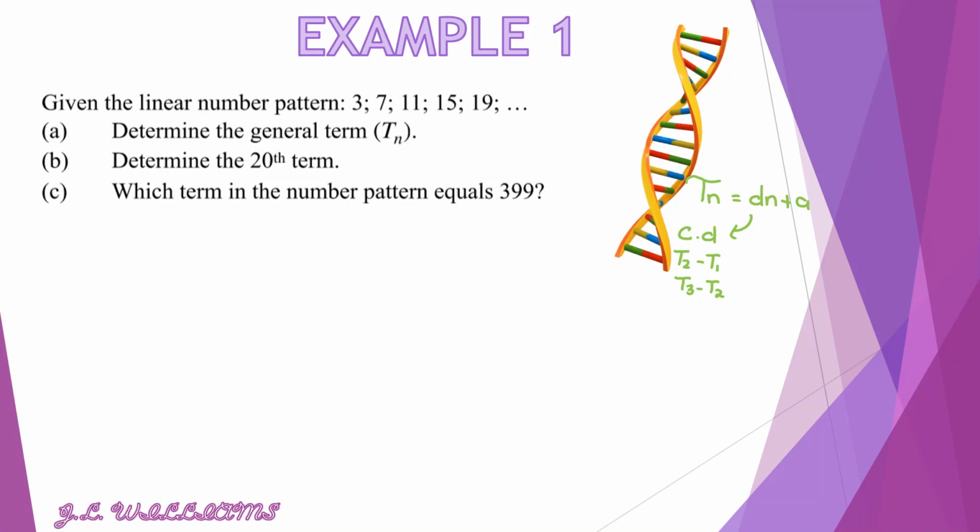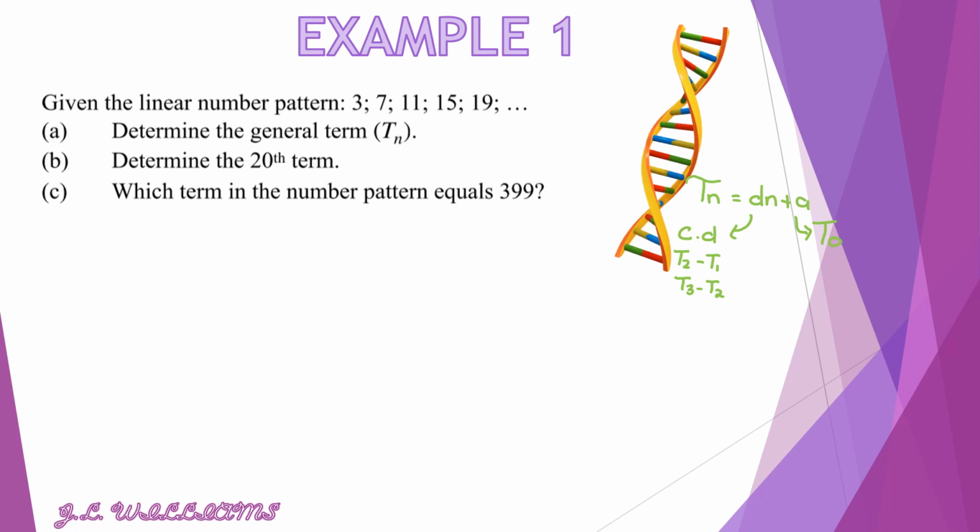The A, like the first letter of the alphabet, is our first term, but in actual fact it's term 0. We want to find T0, the term or the value before the first term. So we go backwards to figure out what is term 0.